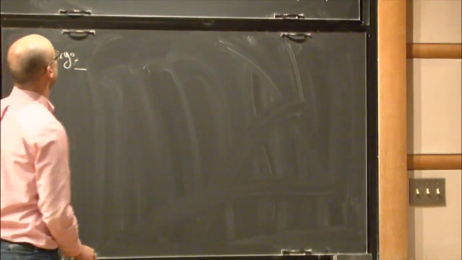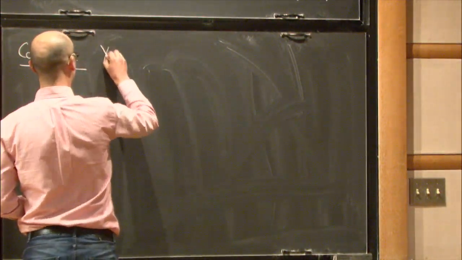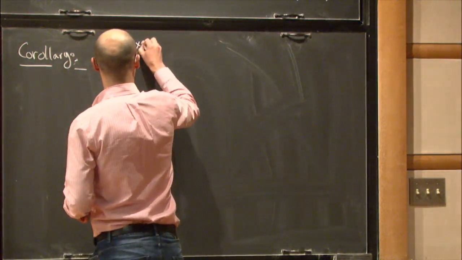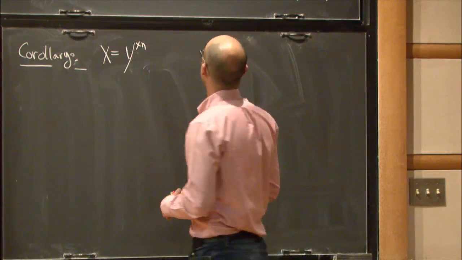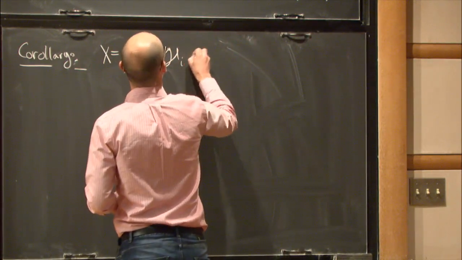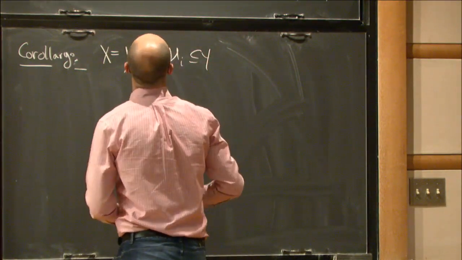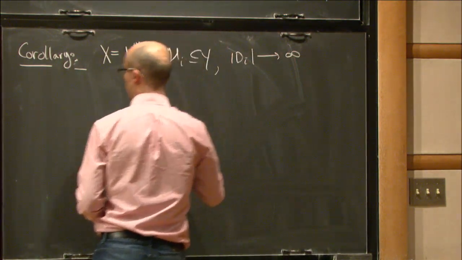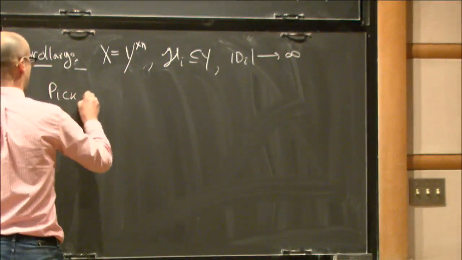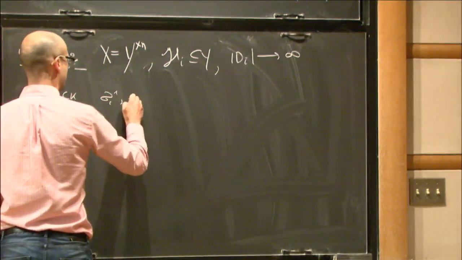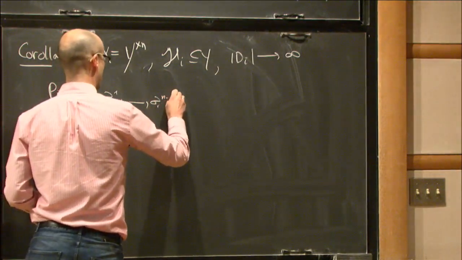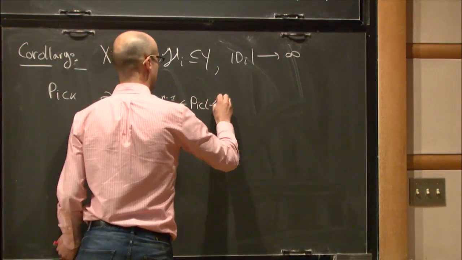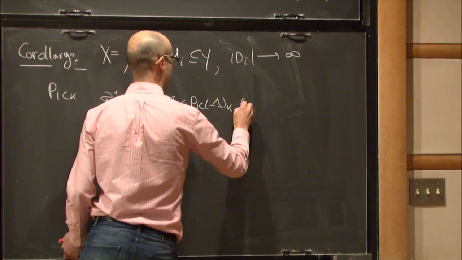For me it was quite surprising to deduce the following: now you take X, and n is some arbitrary integer. You take the product of n copies, and as before you have Hi in Y with discriminants going to infinity. But now for each I you pick sigma I1 up to sigma I n minus 1, in your slightly bigger Picard group. You can do more general, but that's good enough.